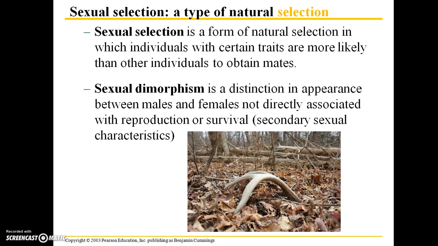And getting back to that earlier example when I was talking about antler growth in males, antler size is actually an interesting example of sexual selection at work. Antlers can be thought of as a true indicator or an honest indicator of that male's condition.